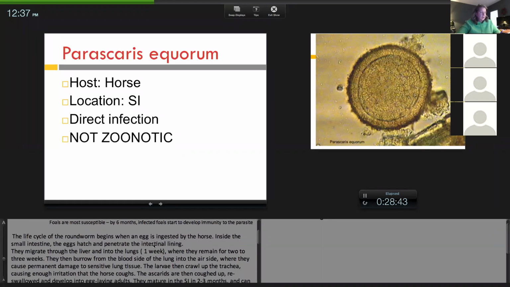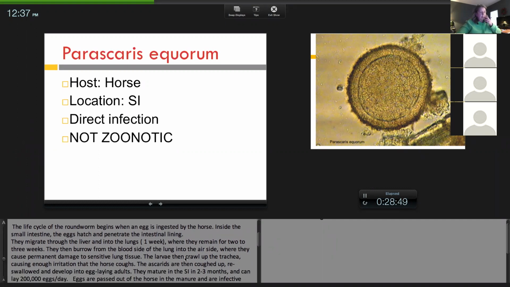Ingested by the horse, eggs hatch and migrate from the liver to the lung, and they can cause some lung scarring. That's the other issue with heavy parasitic infections: as they go to the lung, the higher the burden, the more the scarring and damage.